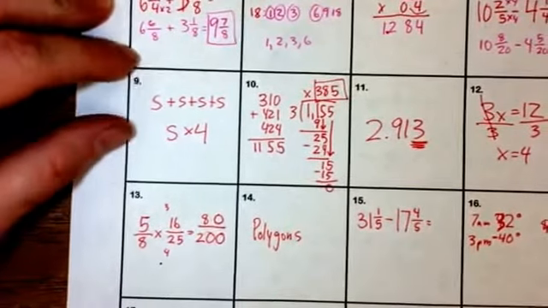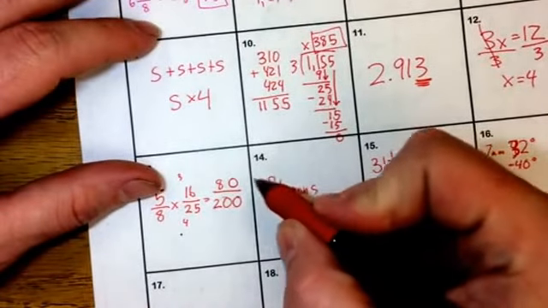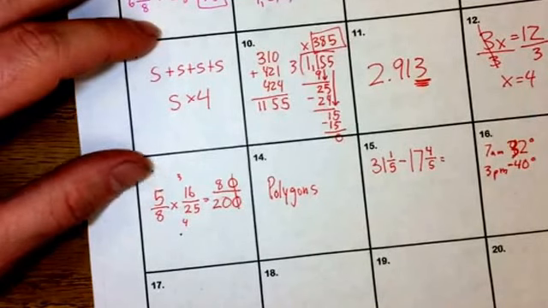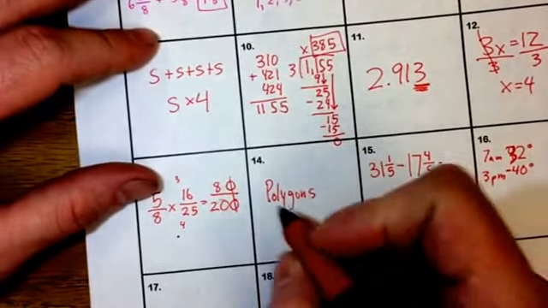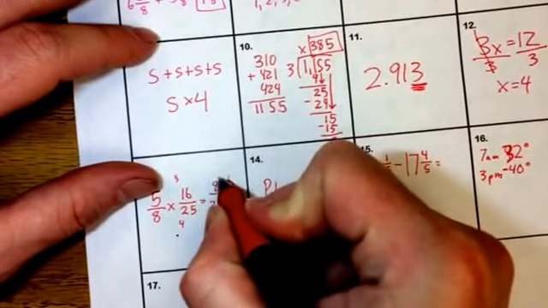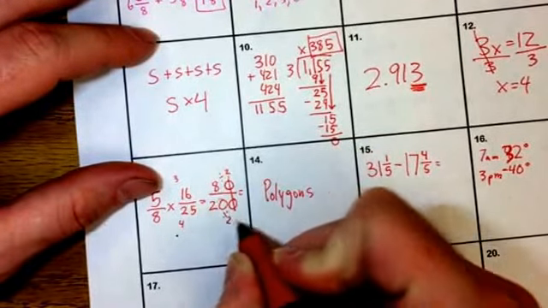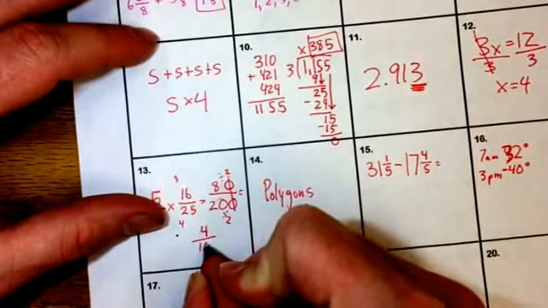So I get 80/200. Well, this is pretty easy because I know that I can drop these zeros off and get 8/20, because I have to reduce this down. Now I know that 8/20 can be reduced even further if I divide by 2 here, and by 2 here, I'm going to end up getting 4/10.